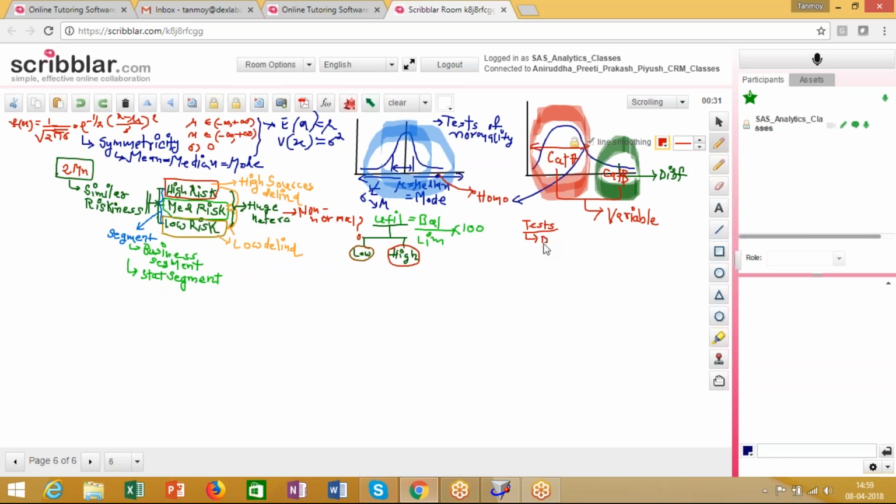I can look into the descriptive statistics and make out whether the variable is symmetrically distributed or not. The second kind of test we have is the statistical tests of hypothesis.